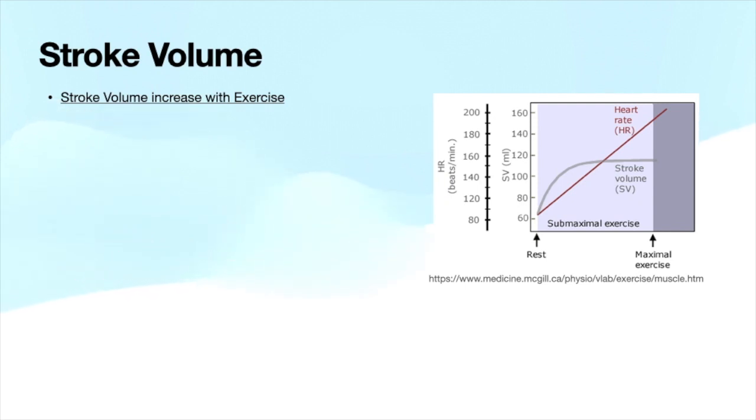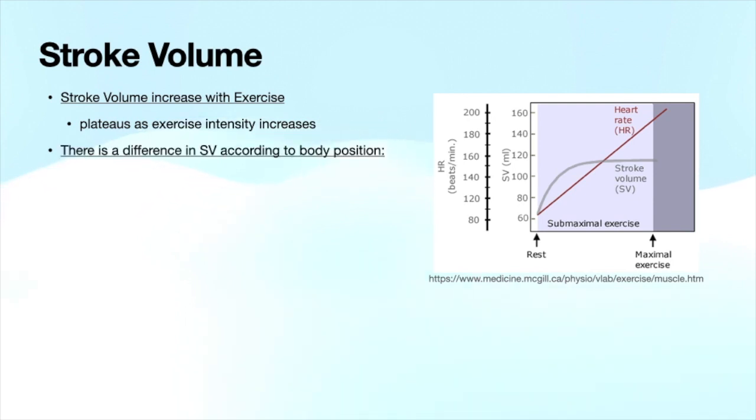But as you reach maximal intensity of exercise, stroke volume will plateau or flatline. It's different compared to heart rate, because heart rate will always just increase as your intensity increases. But stroke volume increases with exercise, and plateaus as you reach maximal intensity levels.